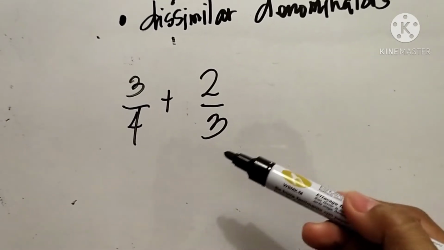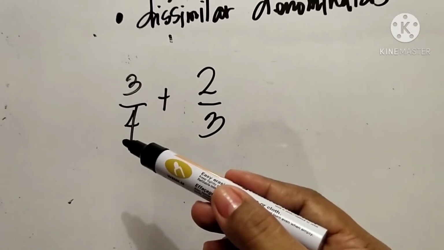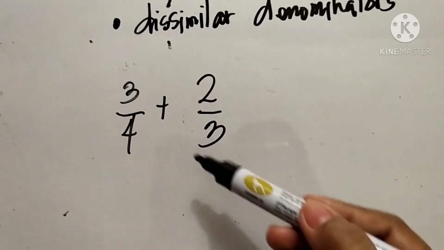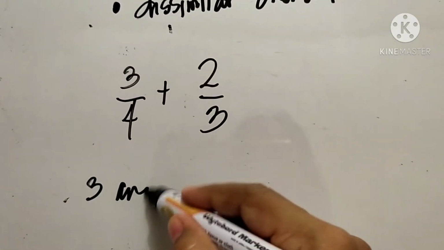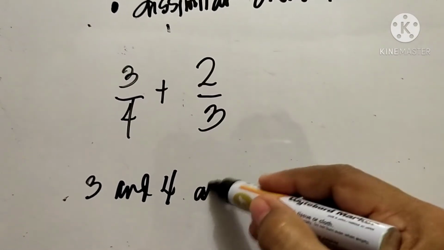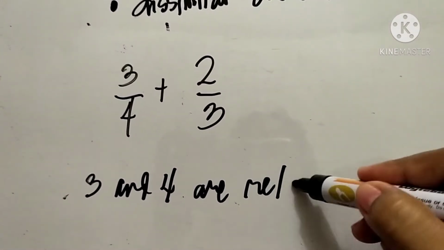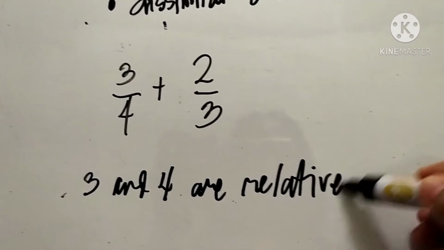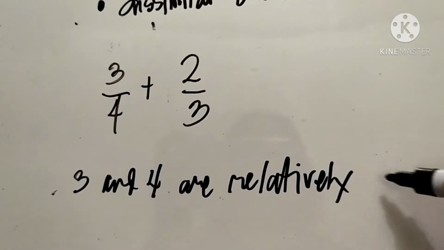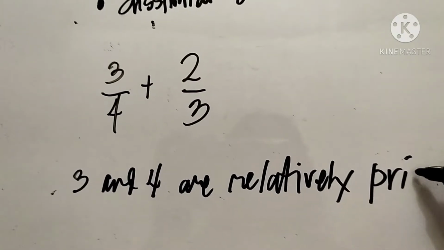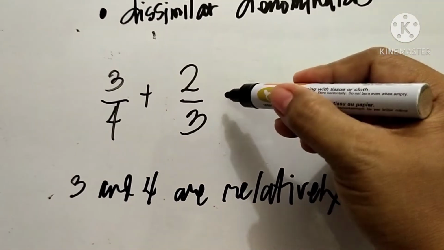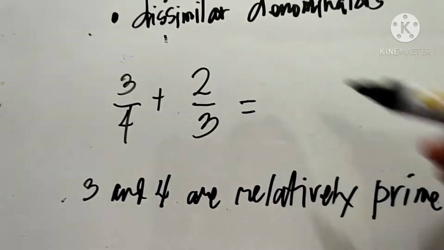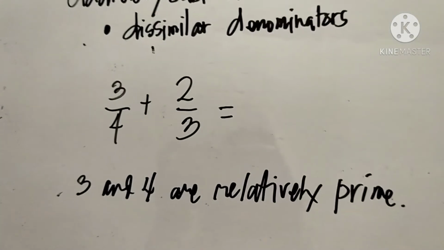And 3 doesn't have a factor of 2 or 4. So it means that 3 and 4 are relatively prime, meaning they don't have common factor. If they don't have common factor, you can just easily solve this one.